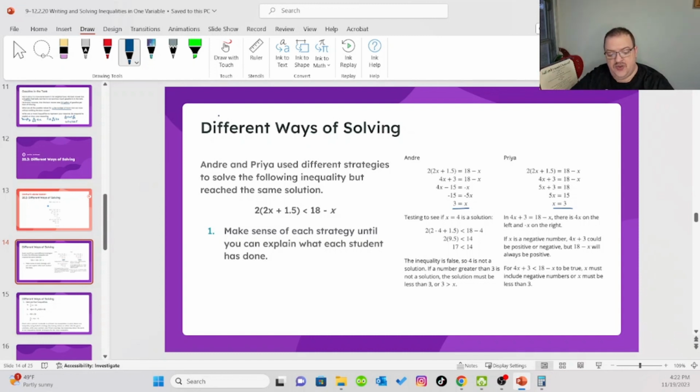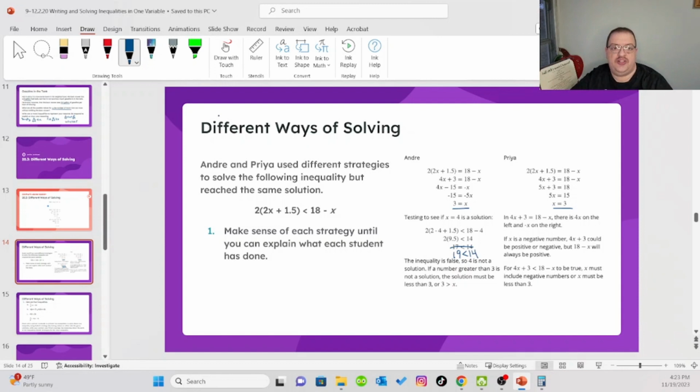So Andre decides to test a number on one side of the point or the other, because if it makes it true, then that's the direction he draws the line. If it makes it false, he draws the line in the opposite direction. So when he tests out 4, he gets 19 is less than 14.